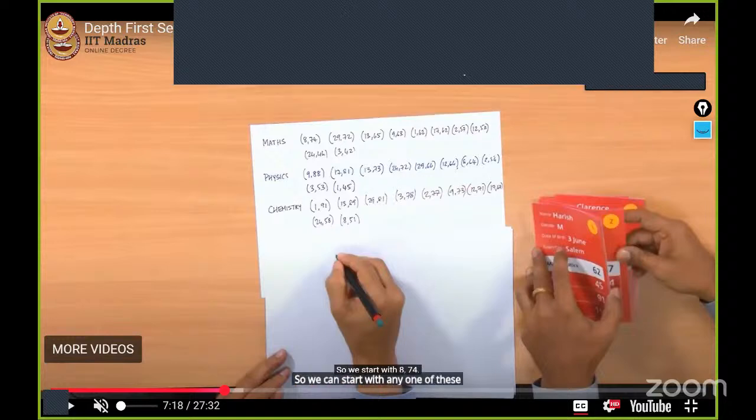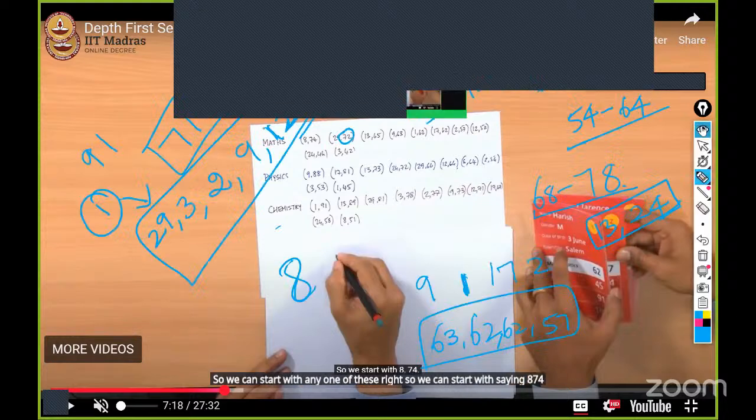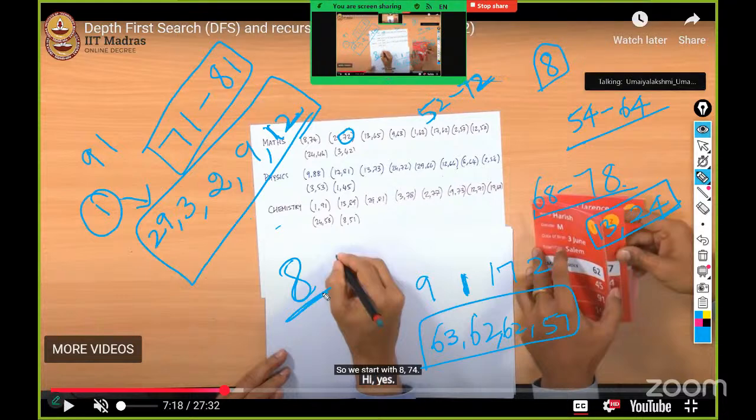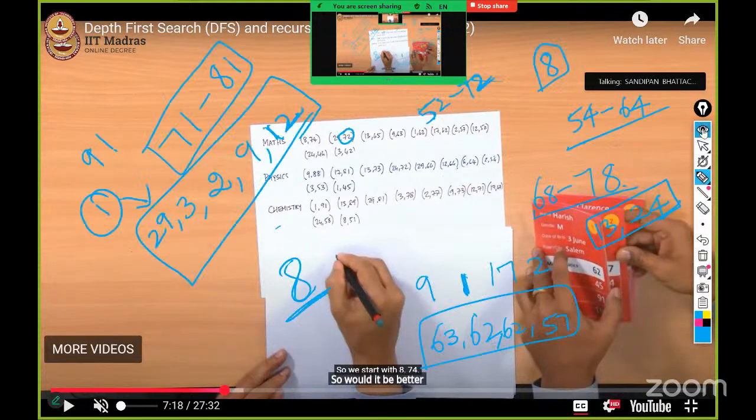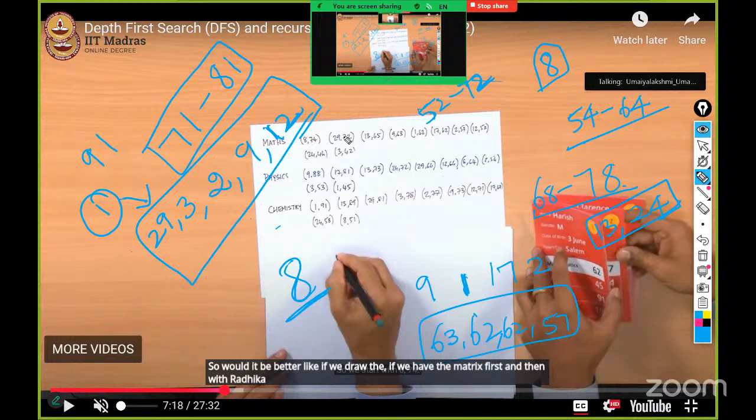We can start with, say, 8, 7, 4, or 17, 81. Let's say you're starting with 8. So how will the graph be? Would it be better if we have the matrix first and then we draw the graph? Yes, that is also fine.